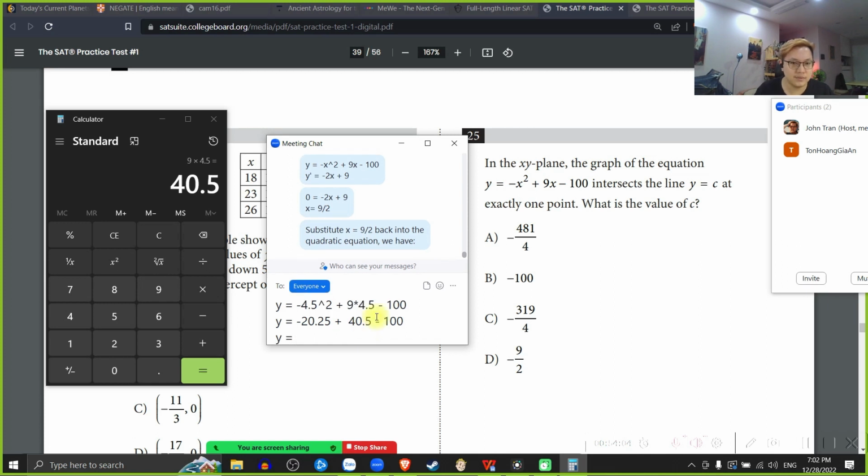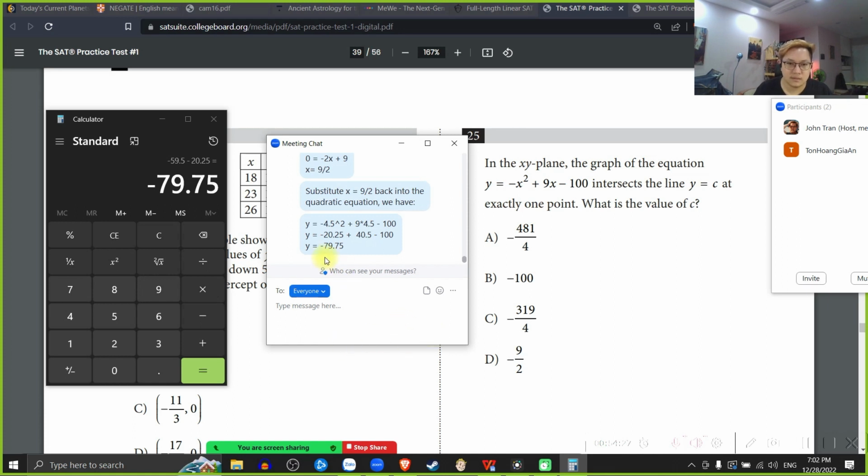So y will be equal to 40.5 minus 100. You get this one. And then you minus 20.25. You should get minus 79.75.